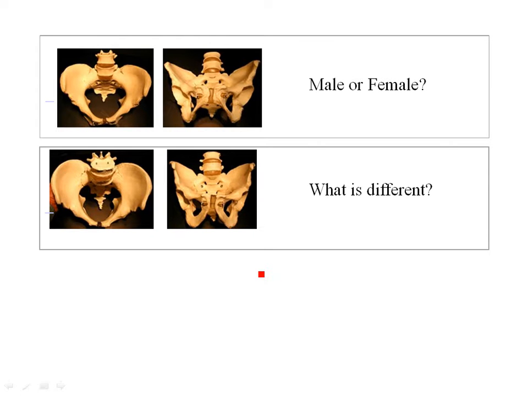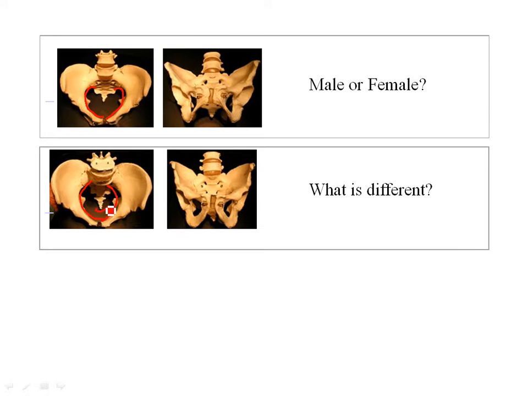Okay, so you've got two different views of two different pelvises. If you look at this one on the top, you can see this opening, and then compare to this opening. You should see that the bottom one is more narrow, while at the top it is a bit more rounded.